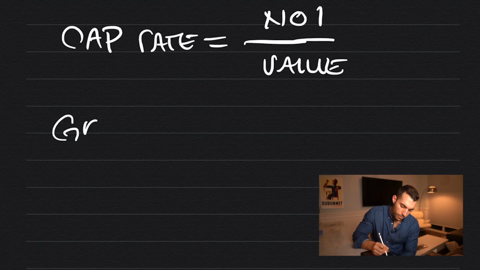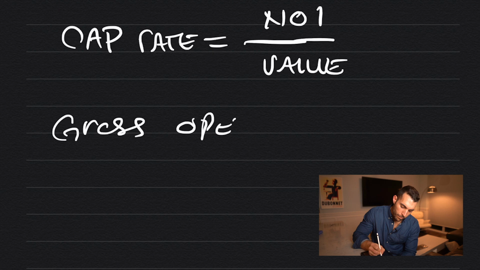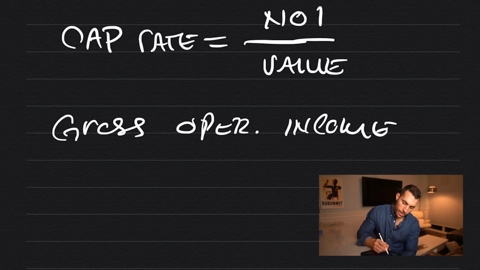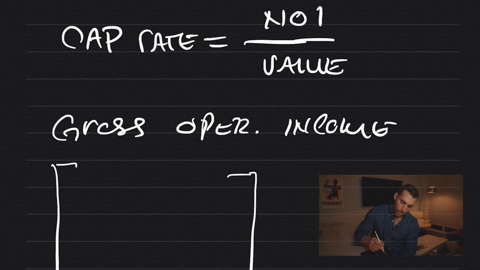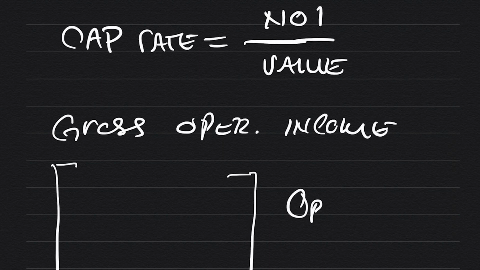Looking into this, the actual cap rate, as shown here, is the net operating income divided by the value. The net operating income here, I feel, is the one that people get bogged down or confused about the most. And really what that is, is the gross operating income of a property minus all of the operating expenditures, the expenses.